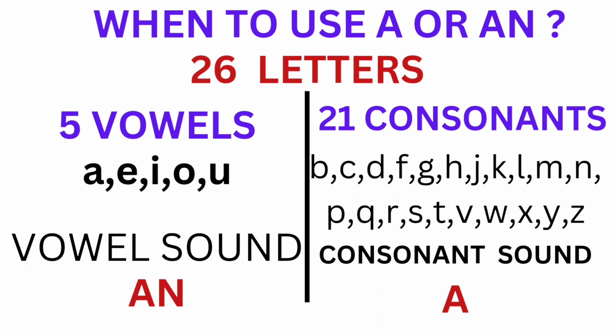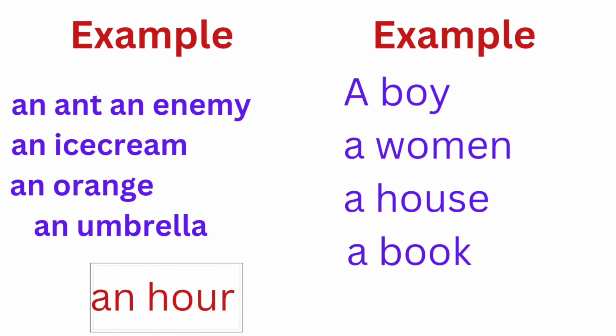If the word begins with a vowel sound, an is used. If the word begins with a consonant sound, a is used. Please note we have to check the vowel sound and consonant sound.